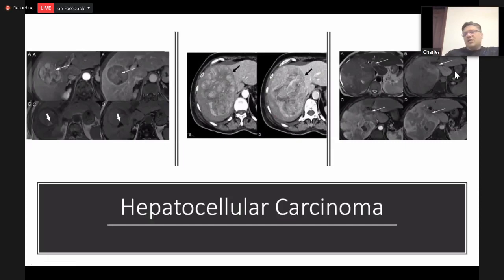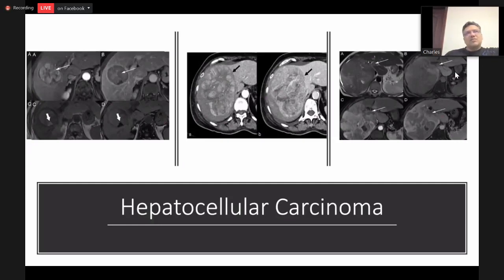So any portal vein thrombus that is continuous with the tumor is tumor thrombus. The second point would be an expansile thrombus, a thrombus that is expanding the portal vein. A thrombus more than 22 millimeters that's expanding the portal vein is a tumor thrombus.